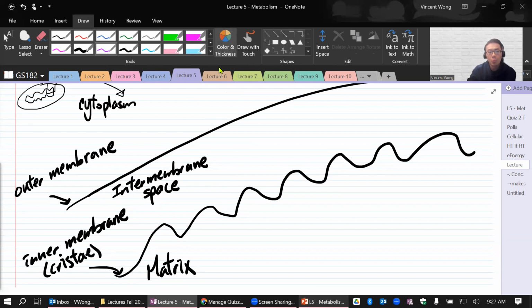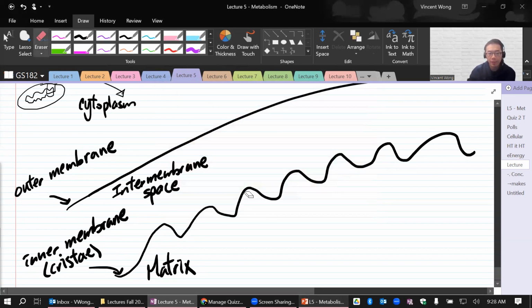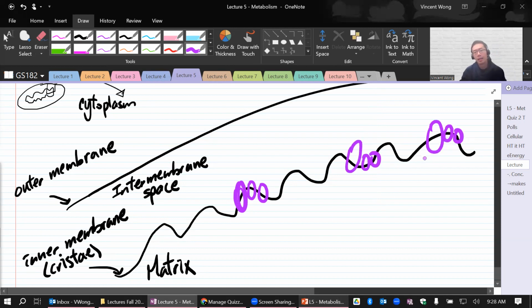Within the inner membrane, the cristae, we're going to have these membrane proteins.